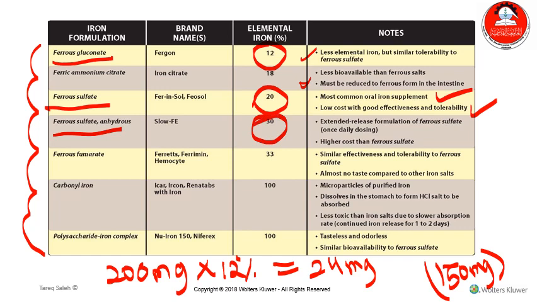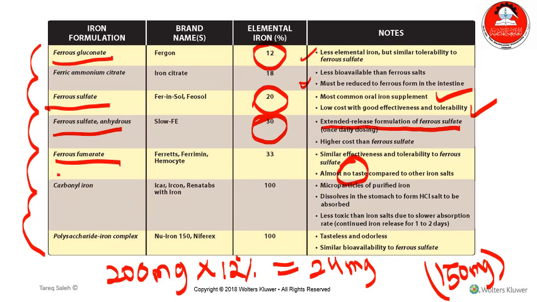And it's available as extended release formulations that can be given only once daily. Note here that one of the main problems with oral iron supplements is that they have a strong taste, and that's why we now have preparations such as ferrous fumarate that has almost no taste compared to the other iron salts.